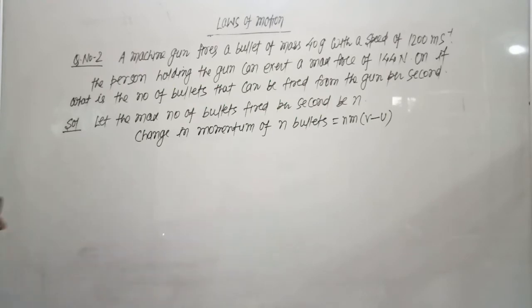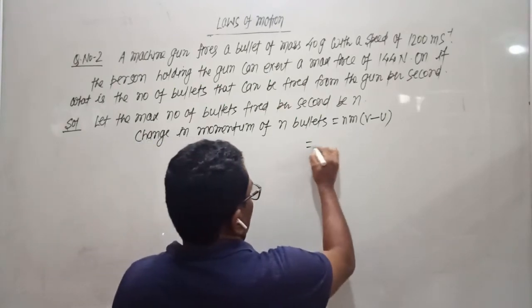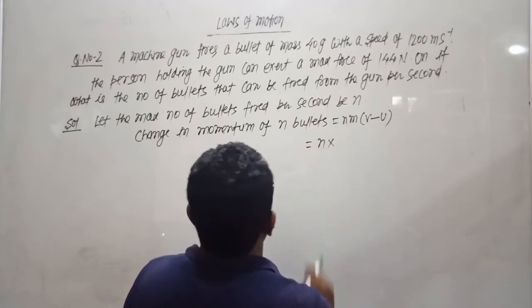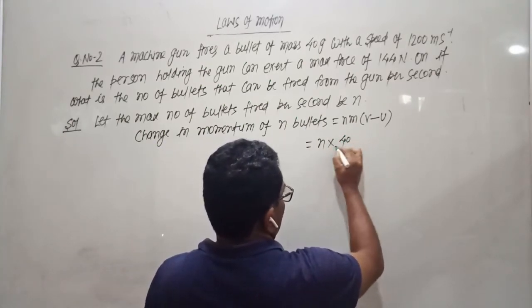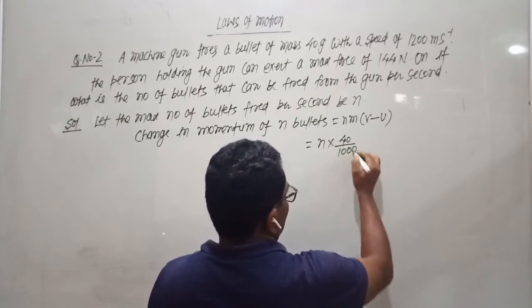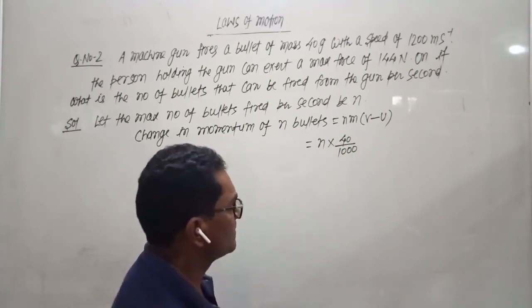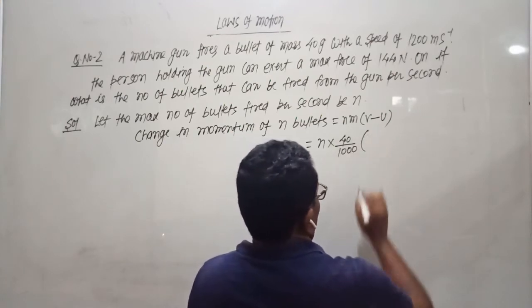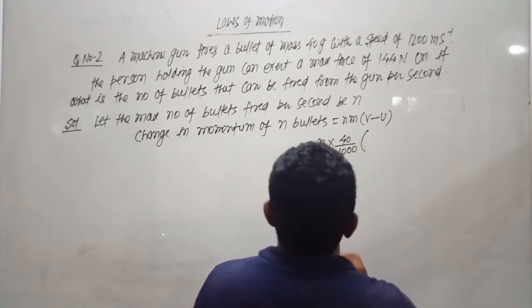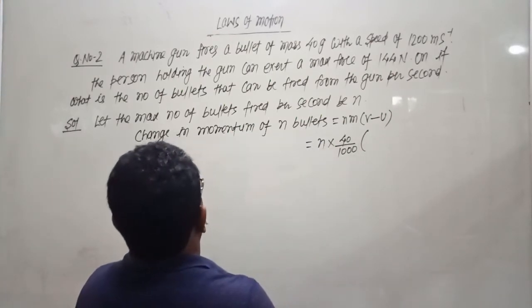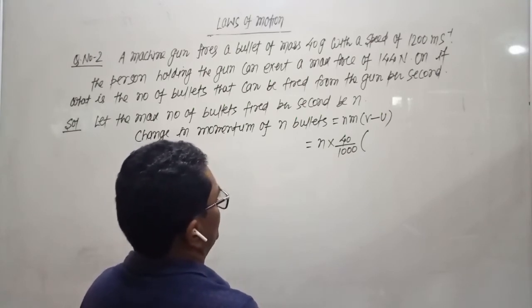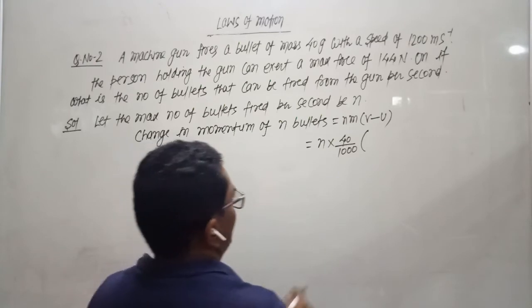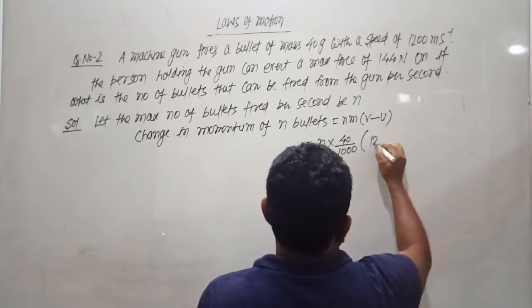Now we have n as it is, mass we have been given as 40 gram, so 40 upon 1000 to convert into kg. Velocity is 1200 meter per second.